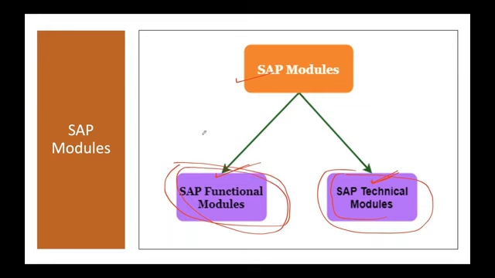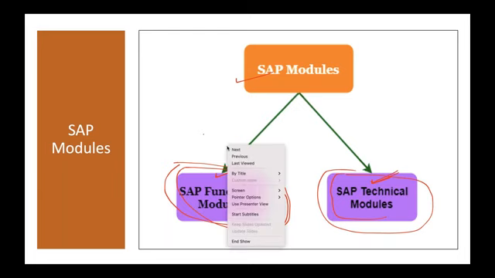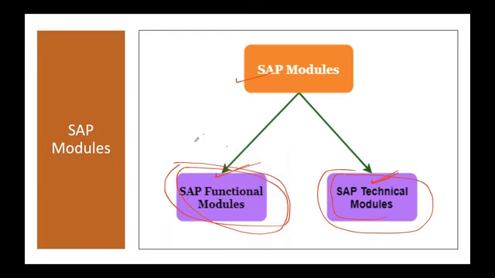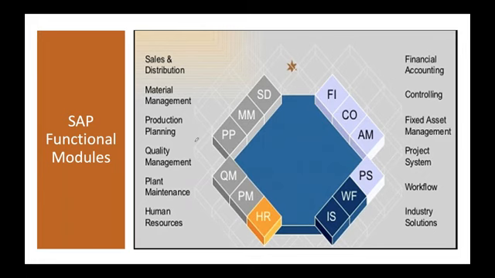Now we will discuss the SAP functional modules. These are the functional modules in SAP. First SD, sales and distribution. Materials management. PP, production planning. QM, quality management. PM, plant maintenance, I'll explain this. HR, human resources.